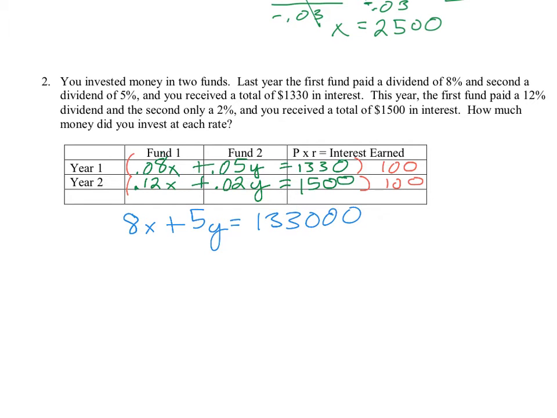And it turns my second equation into 12x plus 2y equals the 1,500 plus 2 more zeros because of the 100. Now you notice, no more decimals. Yay, my math just got easier. All right, I look at these.